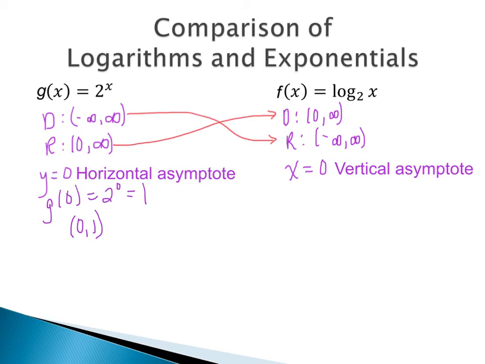Well, if we come over to our log function, if I evaluate f of 1, this means I would be doing log base 2 of 1, which would equal 0, because remember, 2 to the 0 equals 1. In this case, for your logarithmic function, that means that the point 1, 0 would always be on the graph of log base b of x, or in this case, log base 2 of x. So for your exponential function, the graph always goes through 0, 1. Switching your x and y, the graph of your logarithmic function always goes through the point 1, 0.